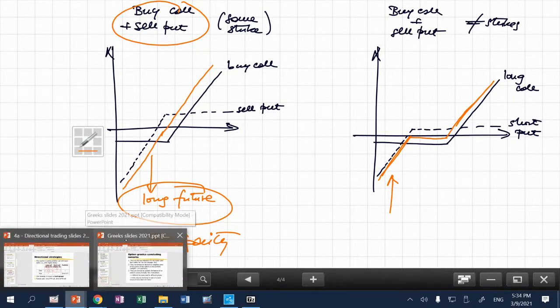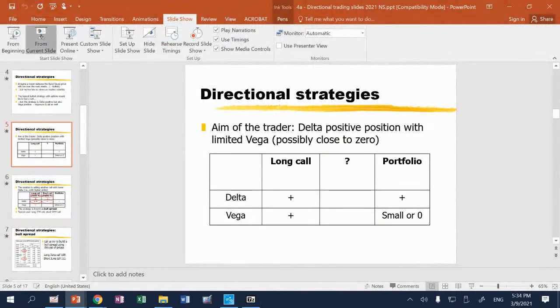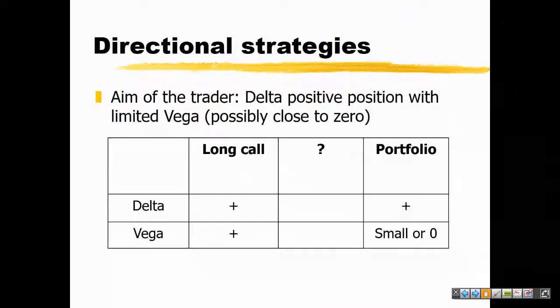What is the strategy that we can go for is actually to combine something in which I have to sell in order to be delta negative, but what I sell is another call. How is it possible, you can ask me?